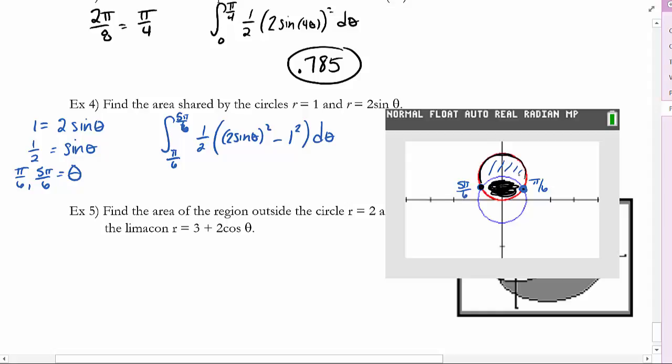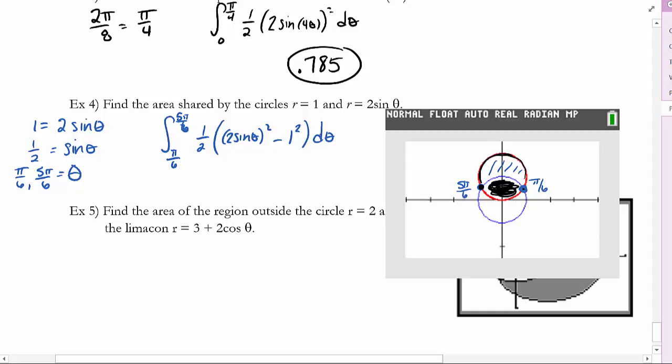Even if I reverse the order of these, I'd have a problem because honestly I'd get a negative, because you can't get this black area directly, because when those intersect again, once they intersect, the red is outside the blue. So that's just what you got. That's just how you have to deal with it.